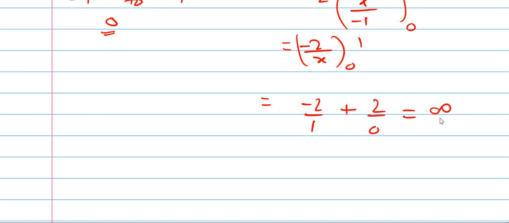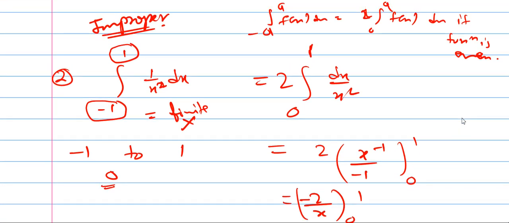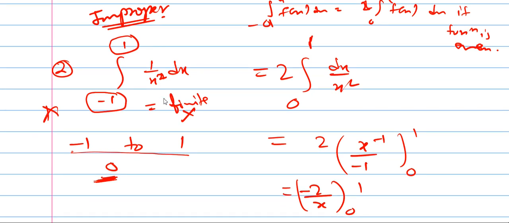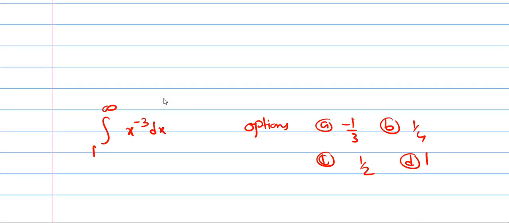So 2 by 0 is infinity. So answer is infinity. If you are not using any property, you may get a finite answer and it may be available in the options, but that answer is incorrect because it is the improper integral, because in the interval minus 1 to 1 this function is infinity. Because in minus 1 to 1, 0 also comes in this interval, and at 0 this function becomes infinity. 1 by 0 is infinity. So the correct answer for this question is infinity.